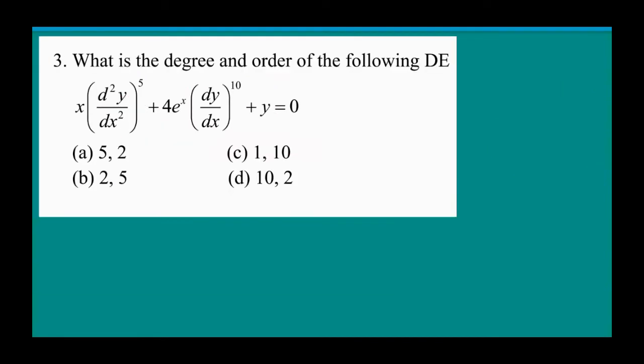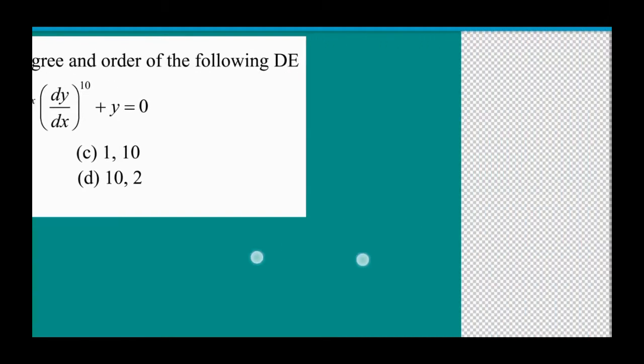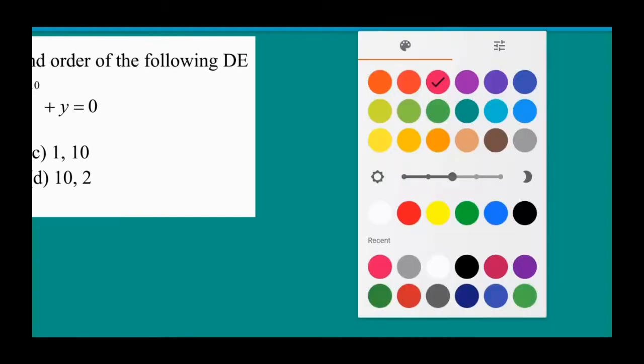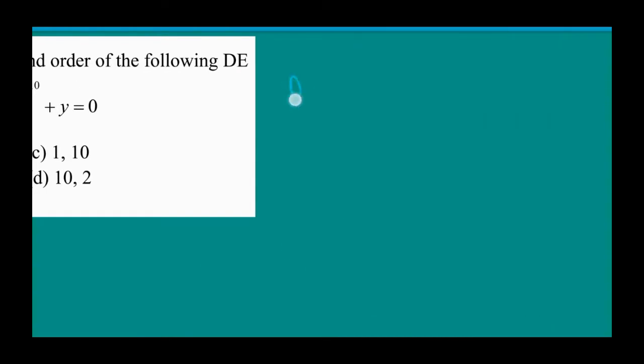Next question, what is the degree and order of the following differential equation? First I want to clarify what degree is and what order is. First, degree. What is degree? Degree is the highest integral power of the highest order derivative when it is free from radicals and fractions.